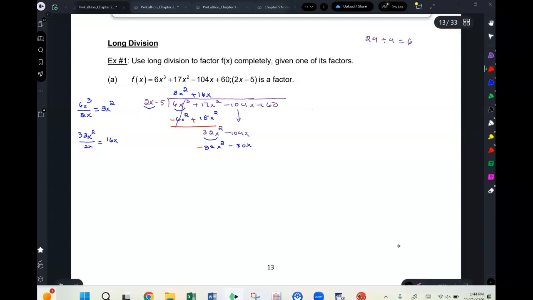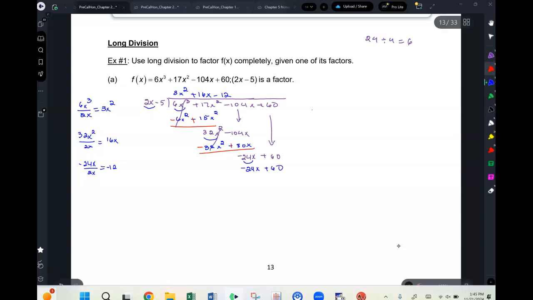Now change the signs and add. This goes away. What do I get? Negative 24x, and the 60 comes down. Now, negative 24x over 2x is negative 12.